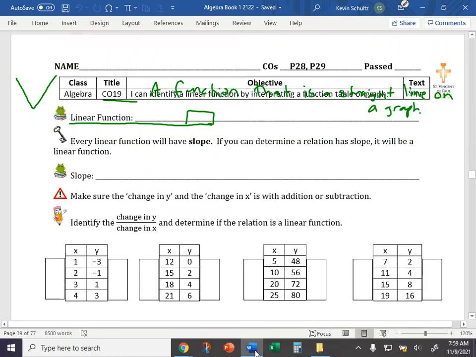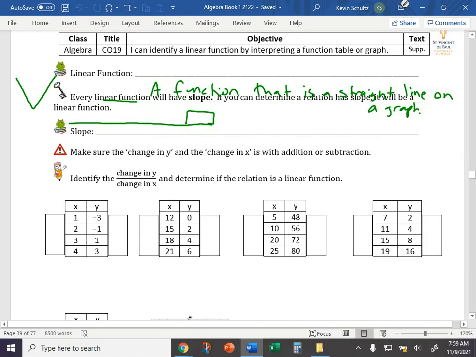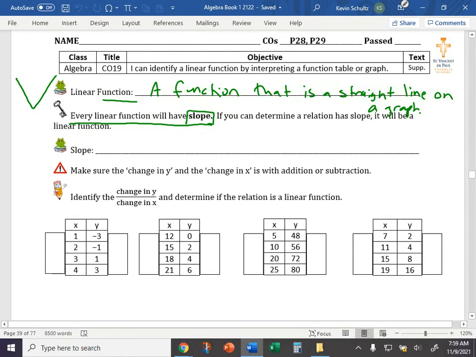So we're going to focus more on the function tables, and we're going to look at, does that function table have a slope?